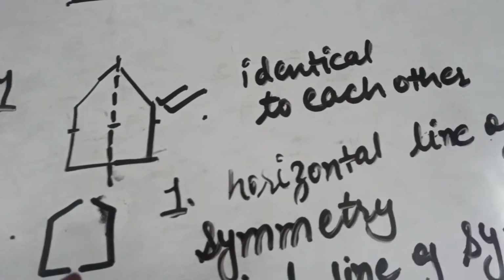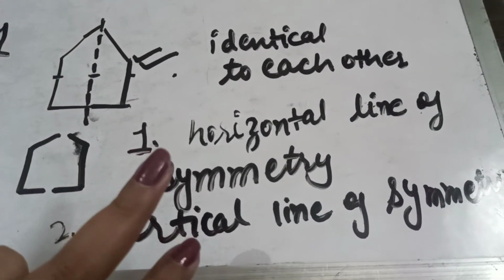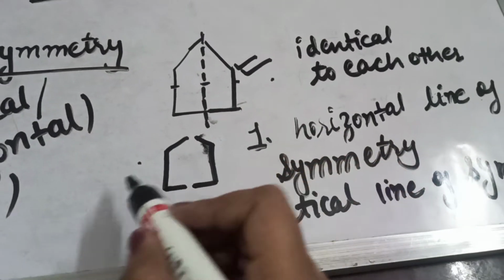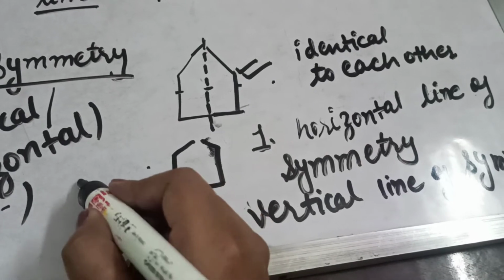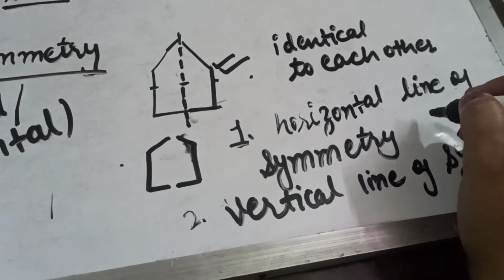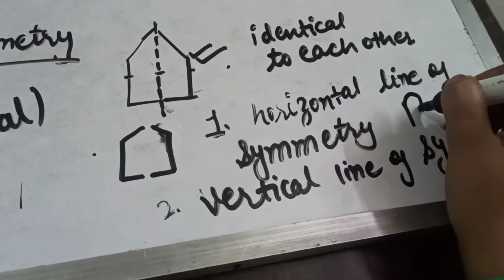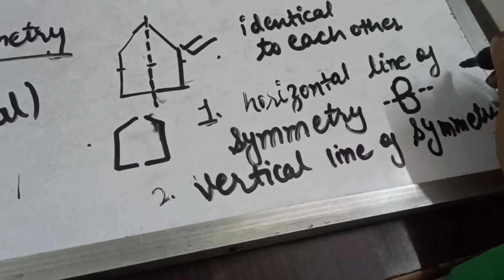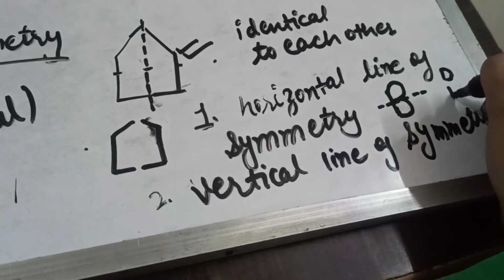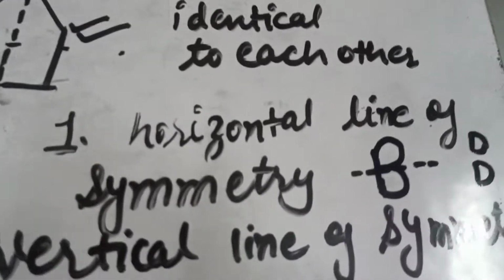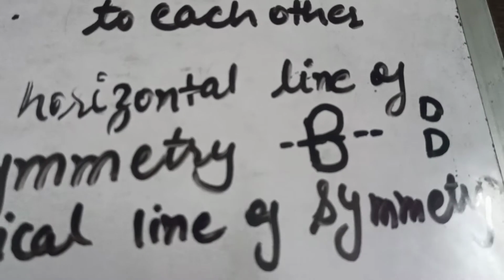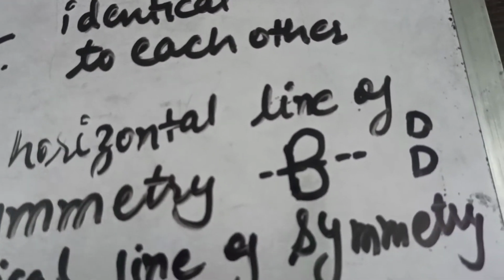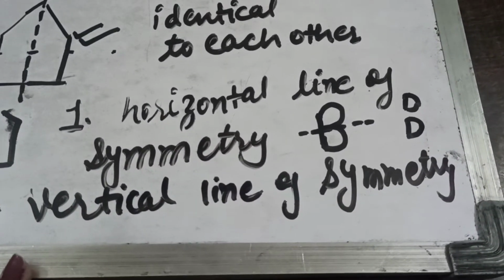How? In which figure is symmetry possible in the horizontal way, like this one. You can take B. For horizontal line symmetry, the best example is B. When I draw a line of symmetry, this one, you can say the small d is created, and they both are equal in shape and size. So this we call horizontal line of symmetry.